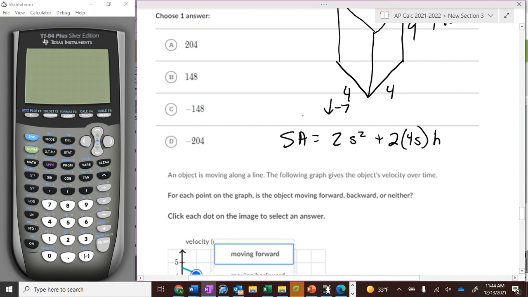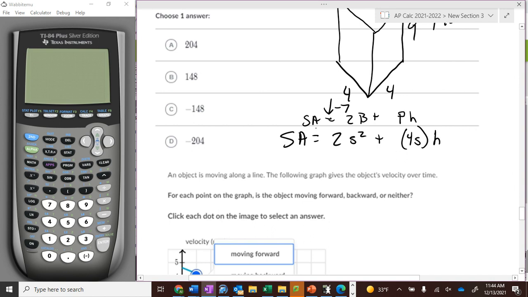Is it surface area formula 2B plus PH, right? Or it's just PH, not 2? Yeah. Well, now we got it right.